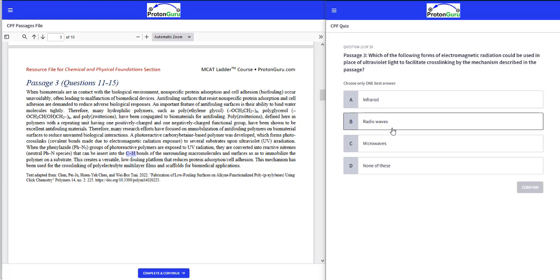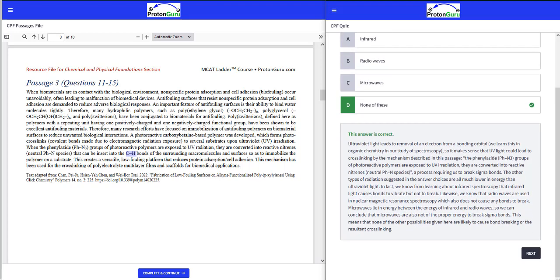Radio waves are even lower in energy on the electromagnetic radiation scale, so even weaker, and we use radio waves when we do nuclear magnetic resonance spectroscopy. Microwaves are also lower in energy than UV waves. So none of these have the appropriate energy to break chemical bonds.